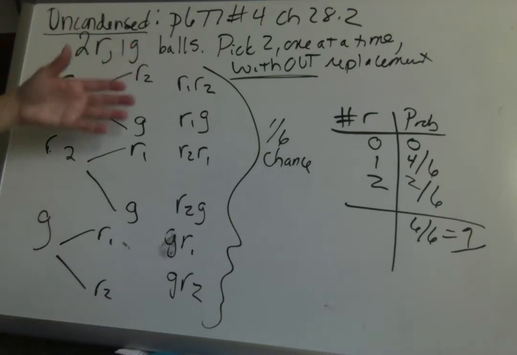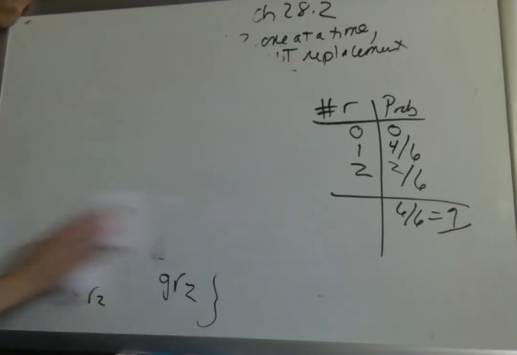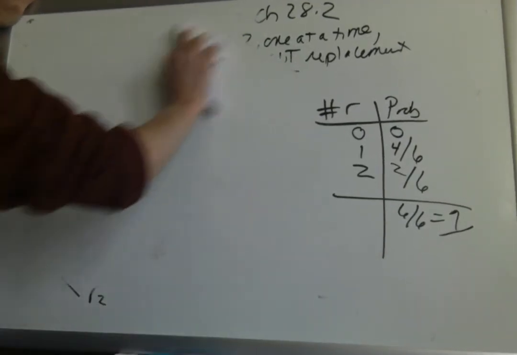And they can compare the two and say, oh yeah, I got the same probabilities. This is helping them see every possible thing that can happen because it's uncondensed. It's showing every single step.